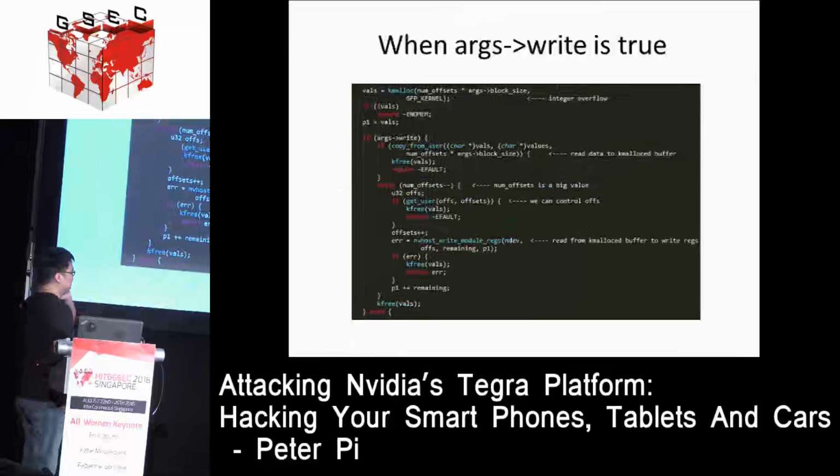So let's check the code deeply. When args write is true, because we know args can be controlled by us in user space, so we can set args write to true. This means it will write to the register. So the execution flow is like this: kmalloc a buffer and copy from user to fill the buffer.